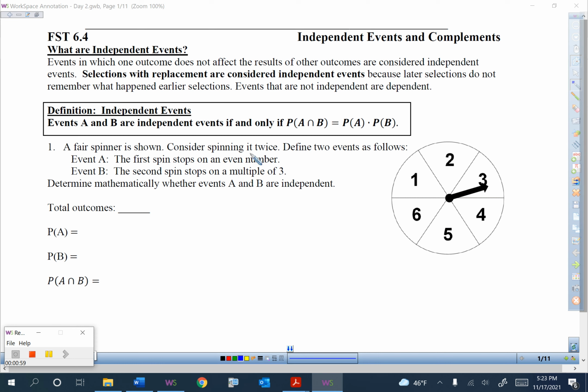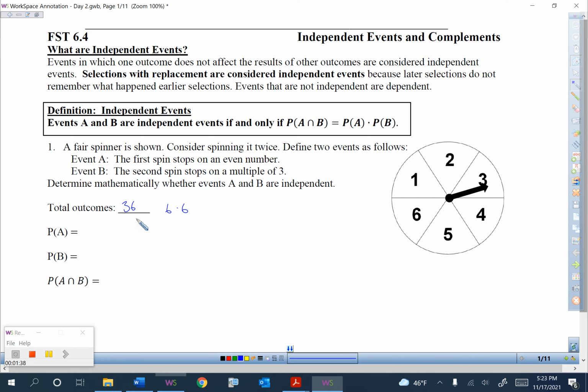Because we're spinning this twice, our sample space would look like 1,1; 1,2; 1,3, all the way to 6. Then 2 with 1, 2 with 2, 2 to 6, all the way down. Our outcomes would have 6 for the first times 6 for the second. When you combine all those, there are 36 total.